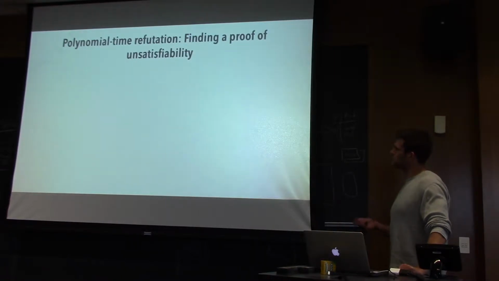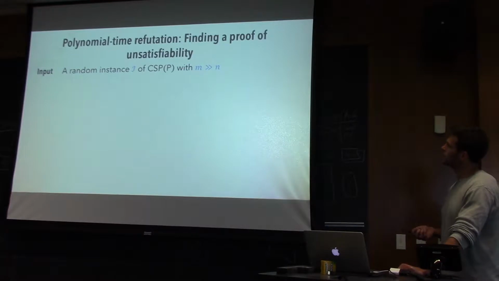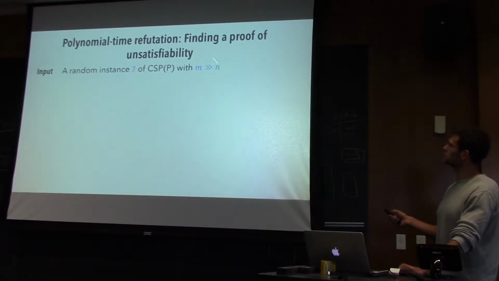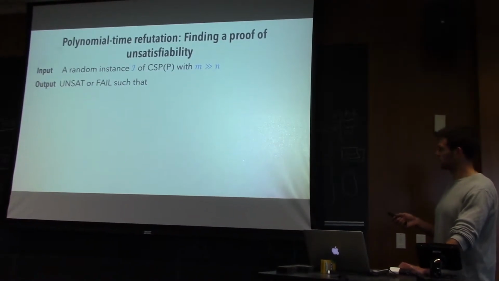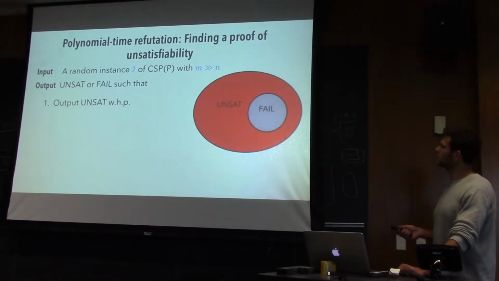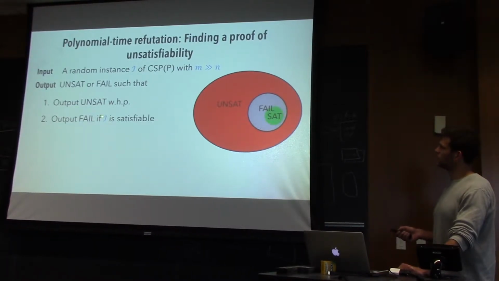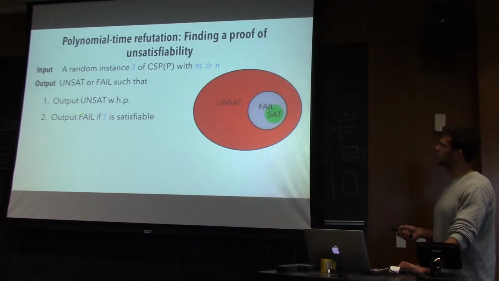What's the specification for the algorithm that we're looking for? We want to take a random instance with m much bigger than n, because we want it to be unsatisfiable. And we want to output either unsatisfiable or fail, so that we output unsatisfiable with high probability. And if the instance is satisfiable, we output fail.